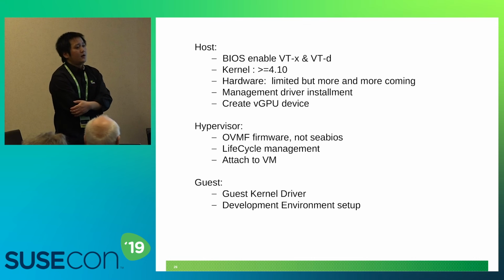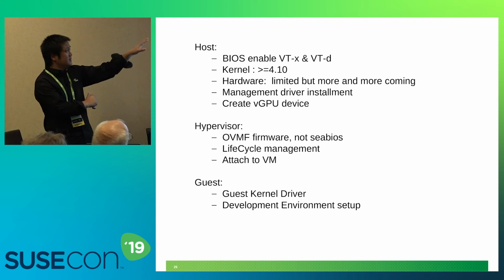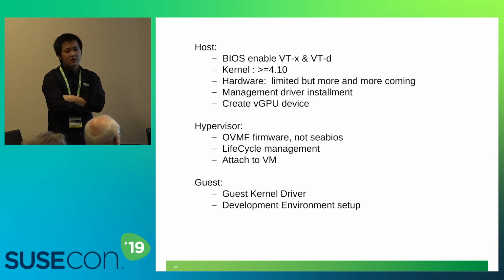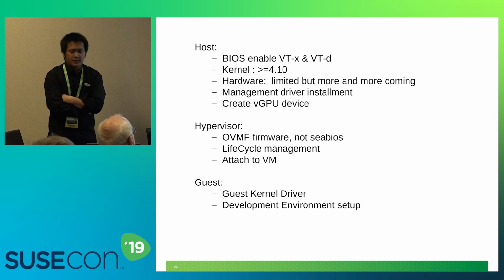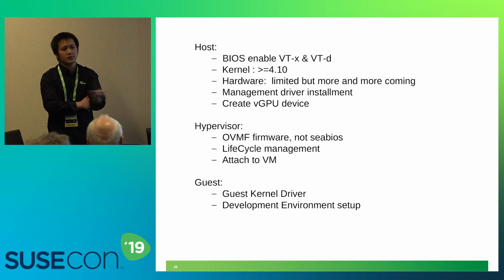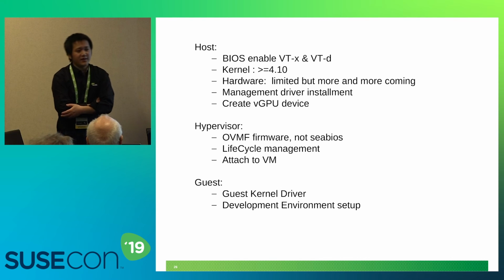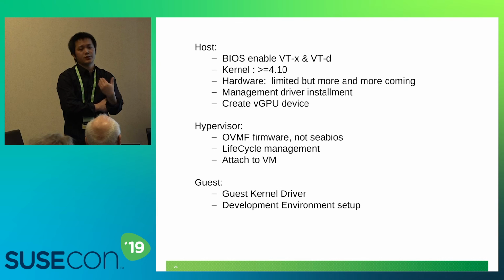And all of them need to install a management driver on the host side. But for Intel, because it's already merged into the kernel, you don't need to do anything about it. And for Nvidia, sometimes you need to run it manually. We can also provide some packages there; you can just zypper install it.